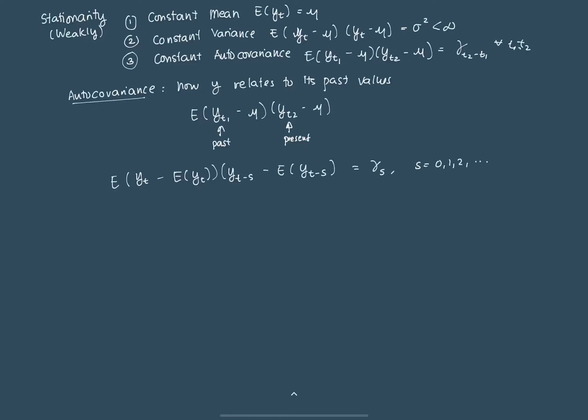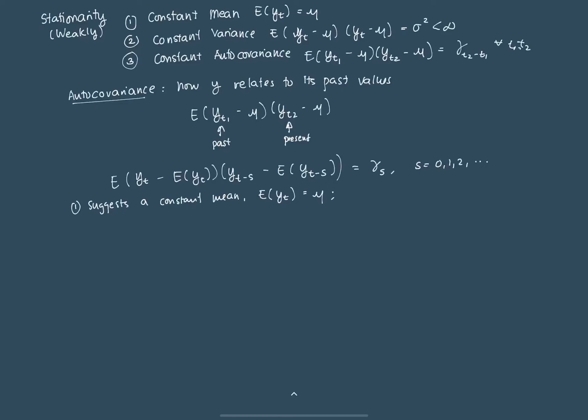Now, as I said in the last video, if a series satisfies the first property, a constant mean, it means that the expected value of yt is equal to mu.